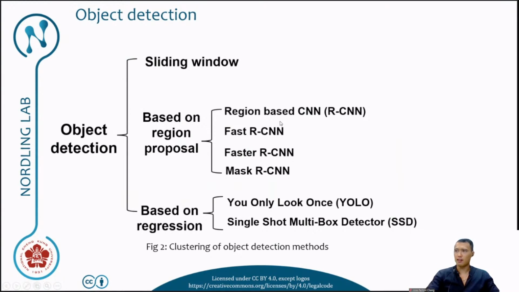So here we have the region-based R-CNN, then we have their improvements, the variants: Fast R-CNN, Faster R-CNN, Mask R-CNN. And then lastly, we have the ones based on regression, which is what most people use today. So one is the unified You Only Look Once, and Single Shot MultiBox Detector. And we will dig a little deeper into all of this in the presentation.